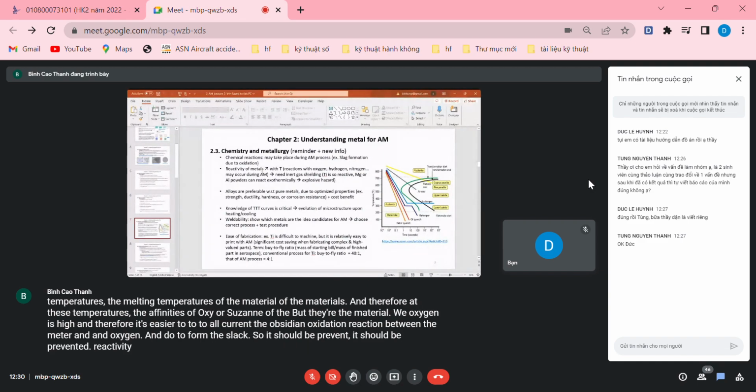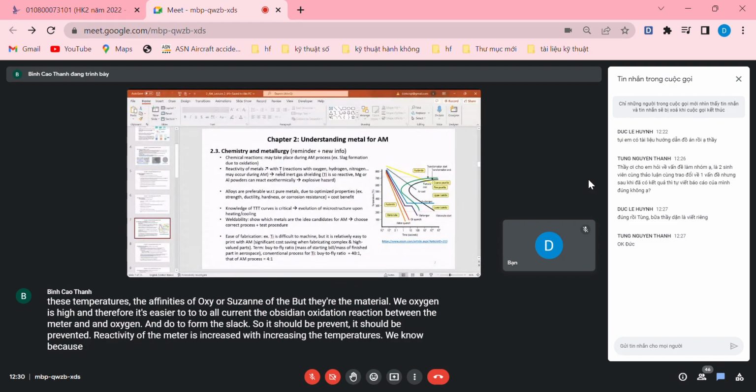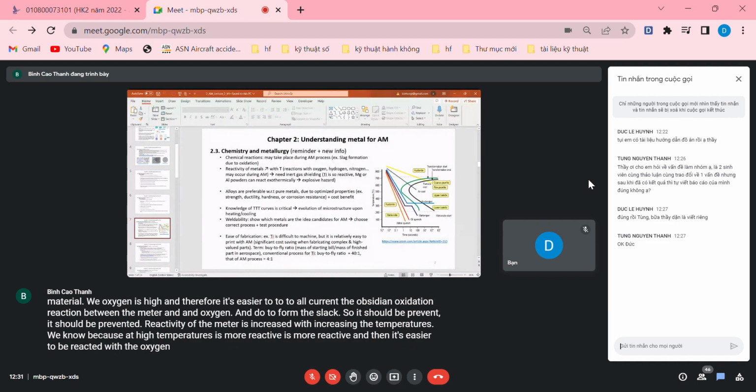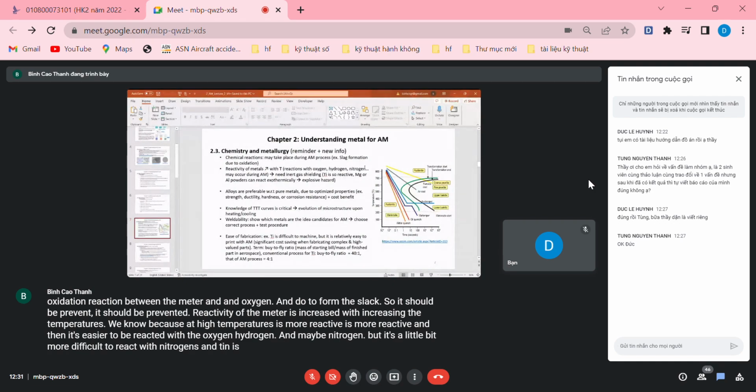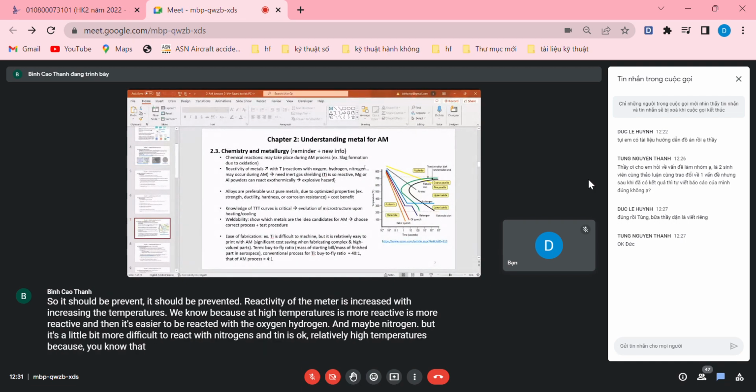The reactivity of the metal increases with increasing temperature. We know that at high temperatures the metal is more reactive, and then it reacts more easily with oxygen, hydrogen, and maybe nitrogen. But it is a little more difficult to react with nitrogen, until relatively high temperatures, because you know that the bonding of the nitrogen atom is strong.